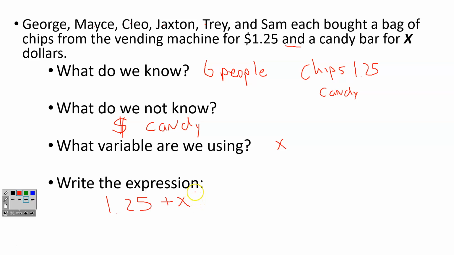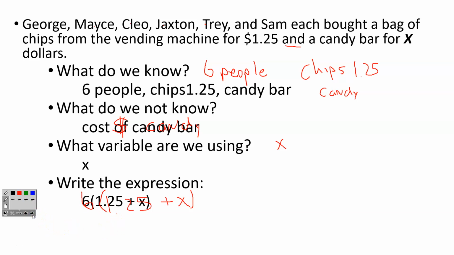But because we have 6 people going, we're just going to take that and multiply it by 6. I know it's kind of hard to read because I wrote over it, but that's okay. So there you go. 6 people each, that means multiply, got chips and candy.